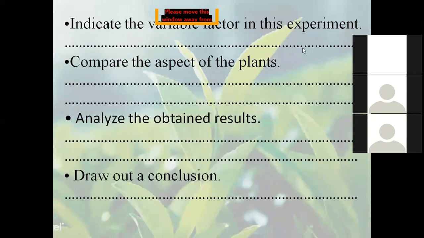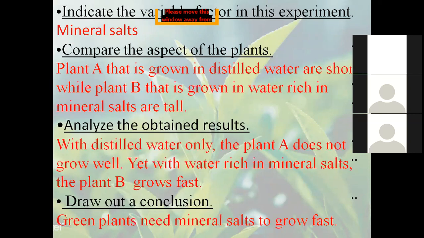Moving now to the variable factor. What is the variable factor in this experiment? It's the mineral salts. Aspects: the appearance of the plants. Plant A, grown in distilled water without minerals, is short, while plant B, grown in water rich in mineral salts, is tall.